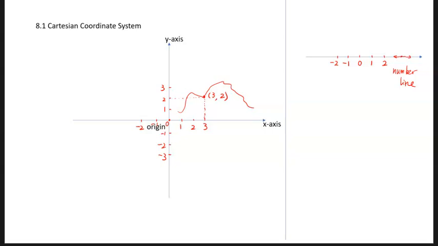And notice these two numbers form an ordered pair. The first number, since it's a number on the x-axis, the horizontal line, we call the x-coordinate. And the second number here, we call the y-coordinate.